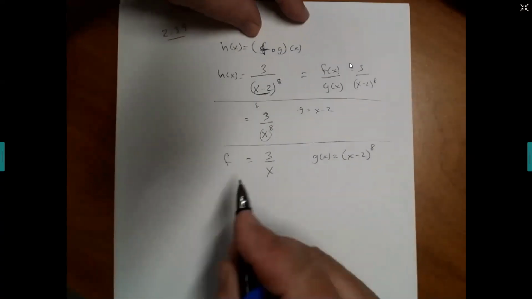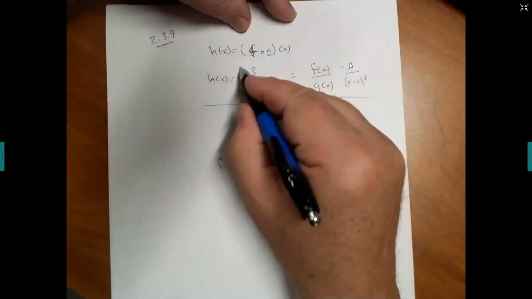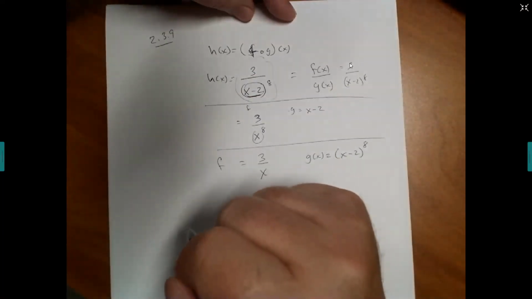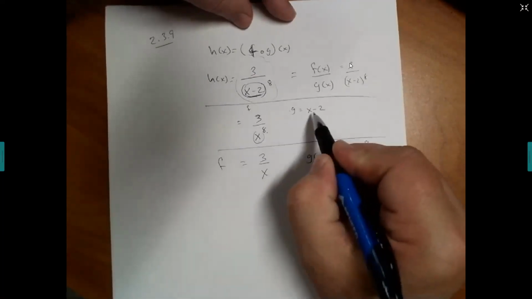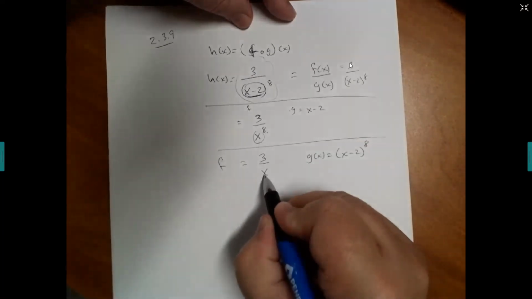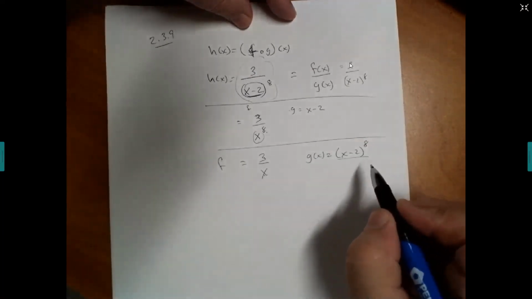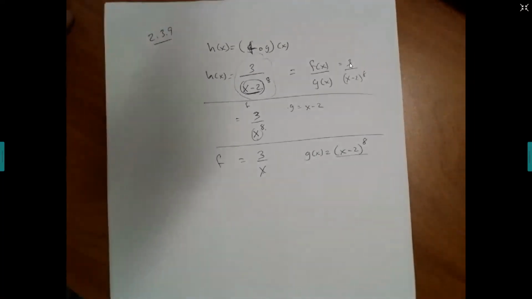This could be the g of x, and this whole thing could be the f of x, like we did here, 3 over x to the 8th, and g of x is x minus 2. Or we can have 3 over x, where g of x is x minus 2 to the 8th power. So the question is to find the most logical one.